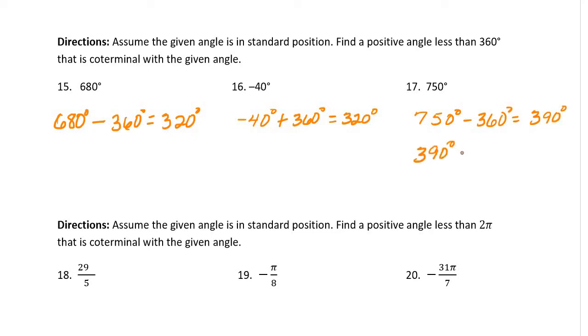So I can take the 390 and then subtract another 360, and that gives me 30 degrees. There's a couple more things I want to mention with that problem. First of all, if you know that two full rotations is 720 degrees, then you can just go ahead and subtract 720 and get your answer of 30 instead of subtracting 360 and then 360 again.